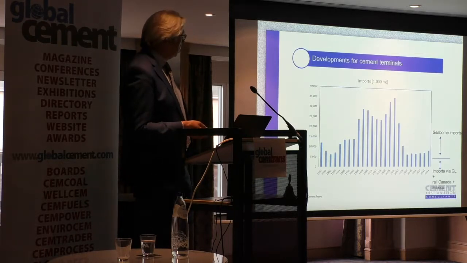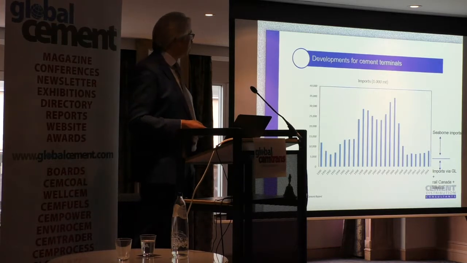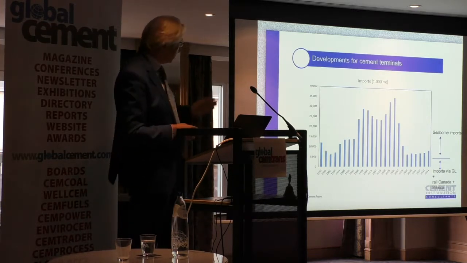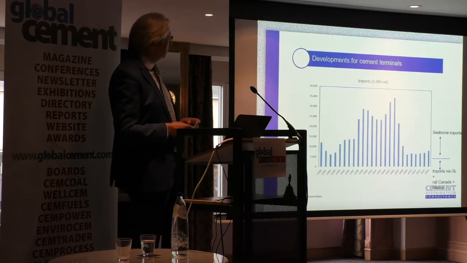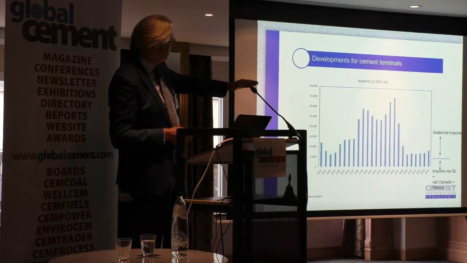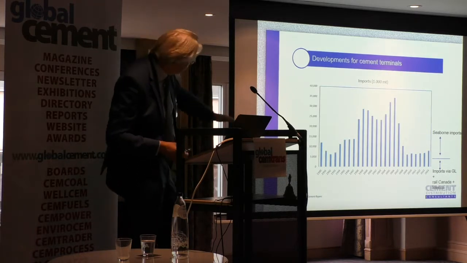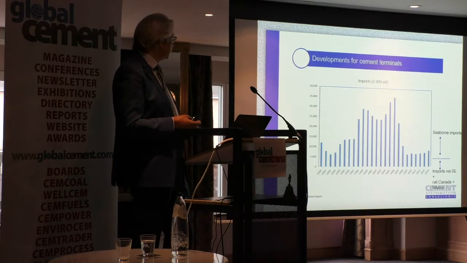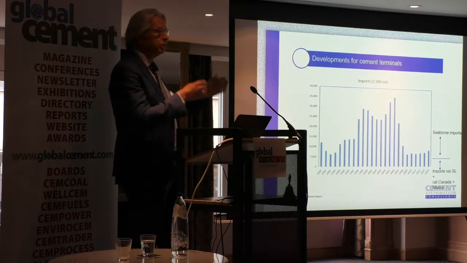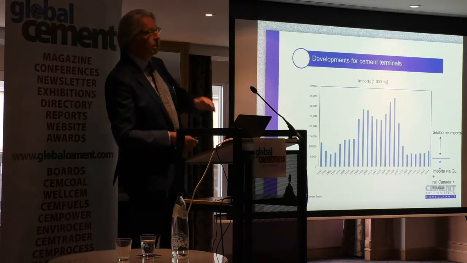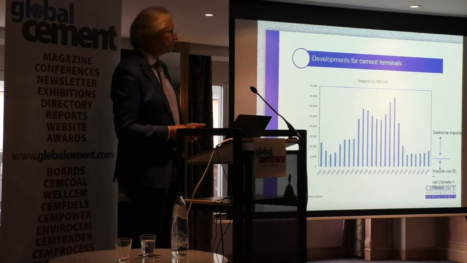To give you an example of the fluctuations that terminals have to go through, this is the United States, 1990 to 2015, and there you see the import situation and how much it fluctuates. When you pull this graph even further back to the 1970s, when it really started, you see that the United States almost on average every 10 years will have a tremendous dip in which seaborne imports almost go to nothing.